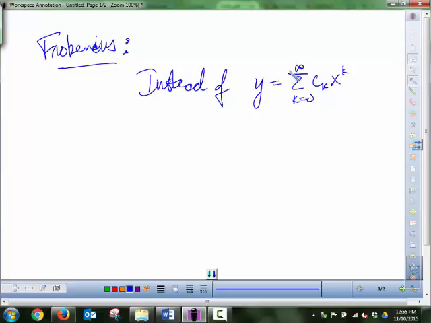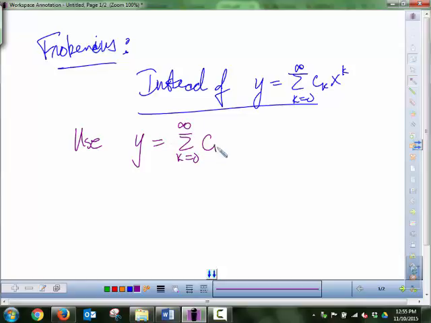Instead of allowing for that, we use something a little bit different, and we use a series solution that's slightly modified with this r.